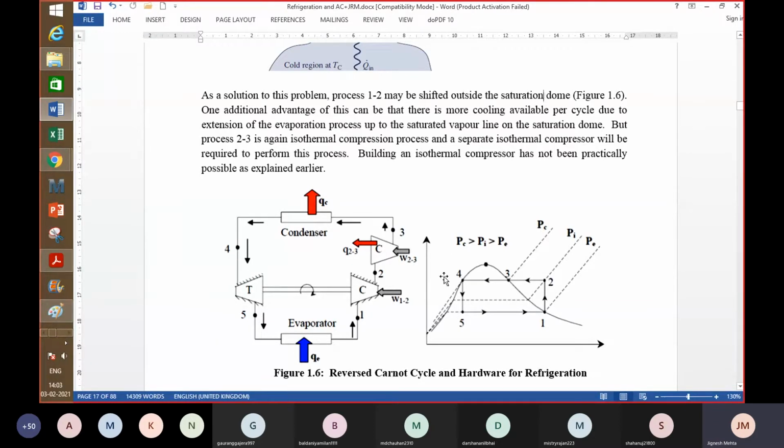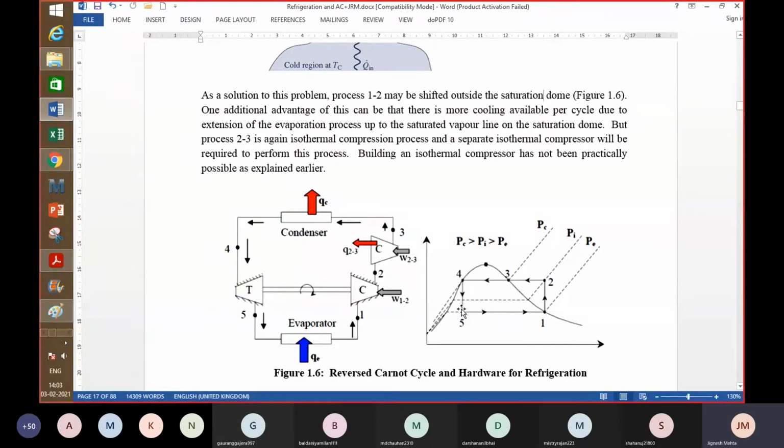So this process 4-5 is isentropic expansion, but again a two-phase expansion process, because at the end you can see it is a mixture of liquid and vapor which is leaving this turbine or expander, but this process is occurring inside that.